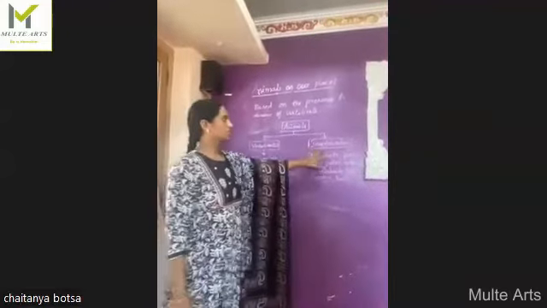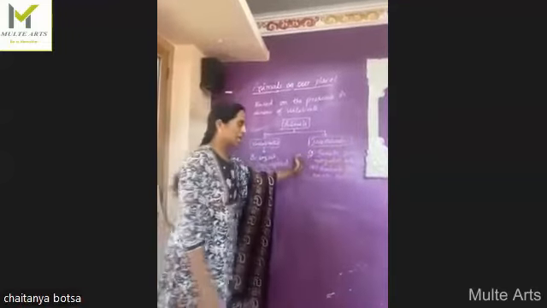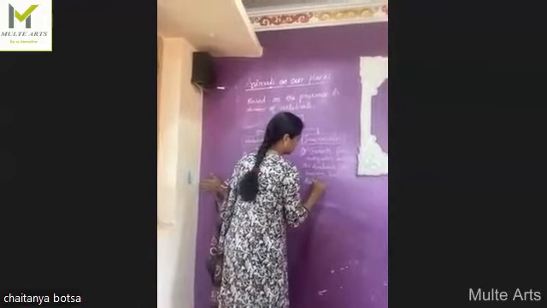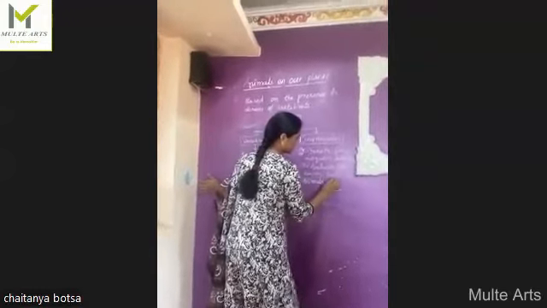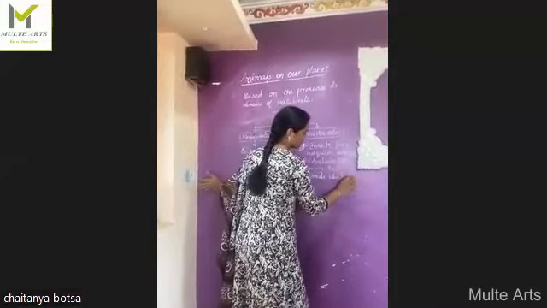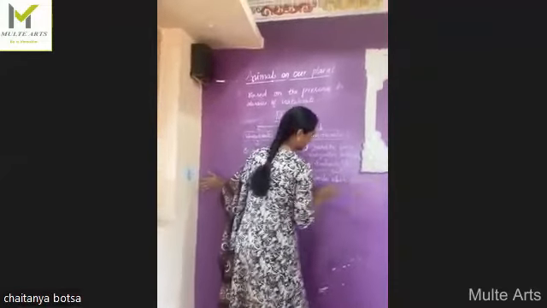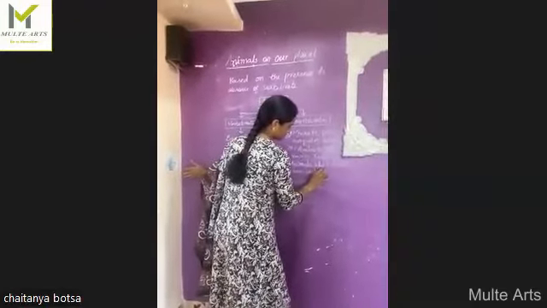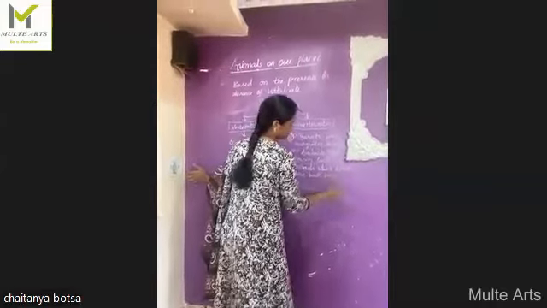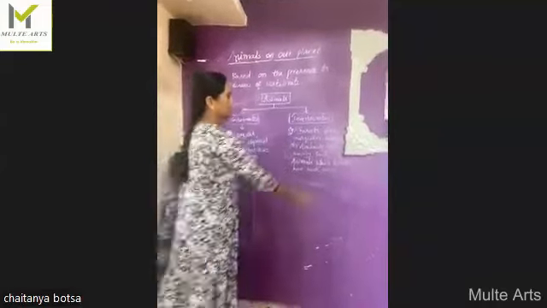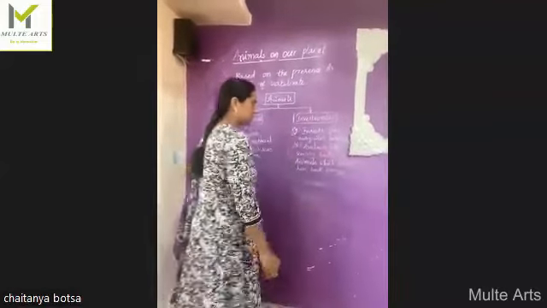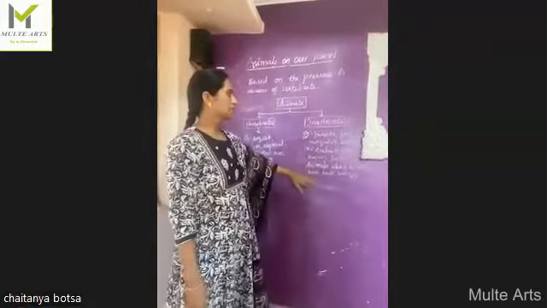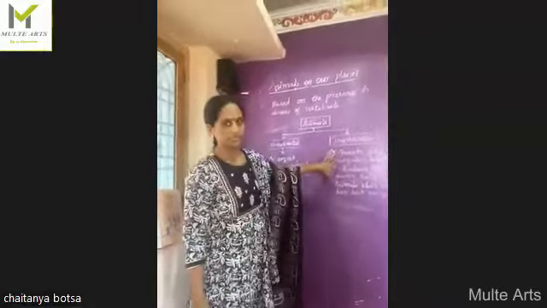And the next one is invertebrates, the animals which do not have a backbone, like insects, flies, mosquitoes, arachnids like scorpions, and snails. These type of animals come under invertebrates.